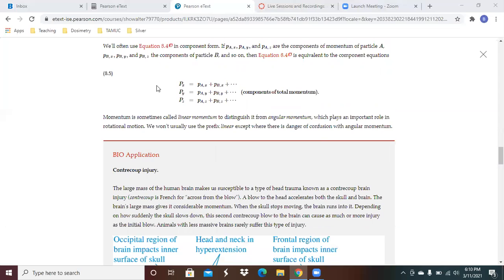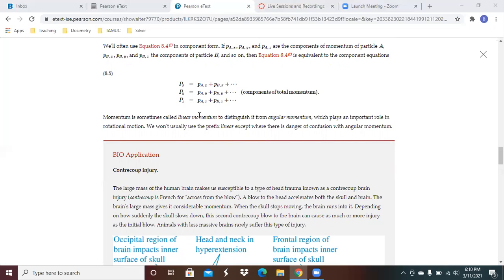Now, pardon me, momentum is sometimes called linear momentum. Right now, we're going to be dealing with linear momentum. A little later on, we're going to be dealing with angular momentum. When objects rotate, and we want to be able to express equations that will govern that type of motion, then we're going to have to start to come to terms with angular momentum.